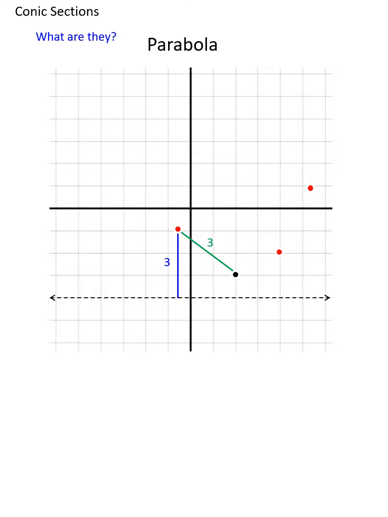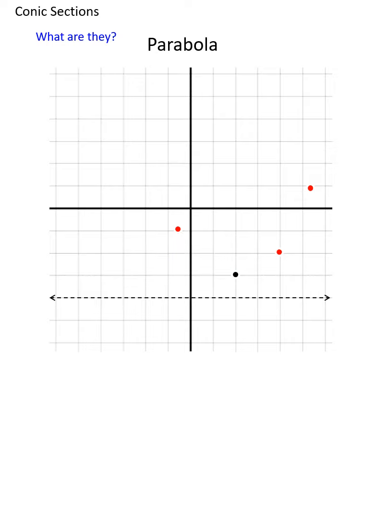Here's another point on the parabola. How did I know it was on the parabola? I computed the distance to the given point, and I computed the distance to the line, and they were both 3. They weren't the same as the previous ones, which were 2 and 5, but that doesn't matter. Any point which is equidistant from the given point and the line is on this parabola.